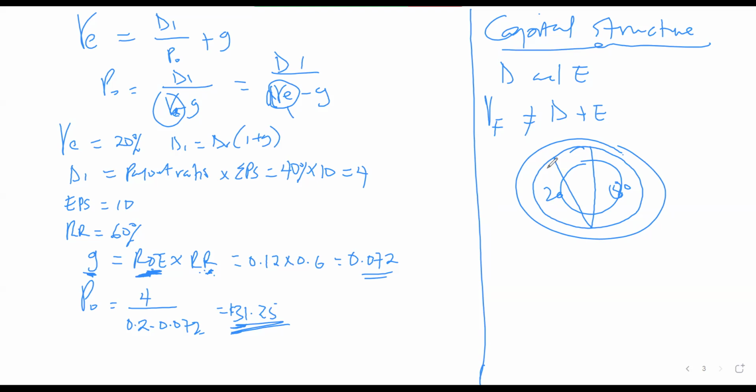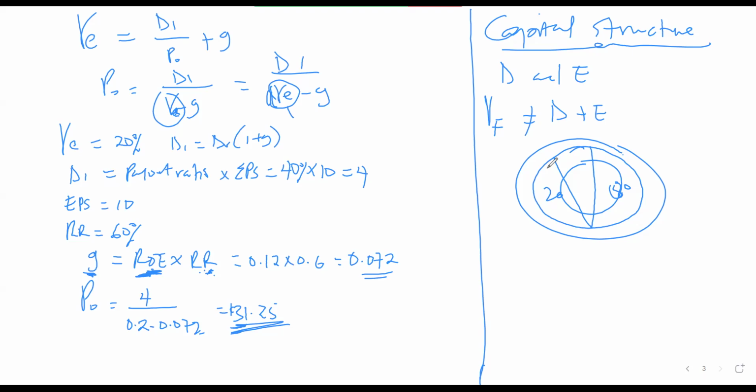Meaning that irrespective of how you structure your capital, the value of your firm overall will remain the same. Whether you use 30-70, 20-80, 40-60, 50-50, 10-90, it is still 100%.